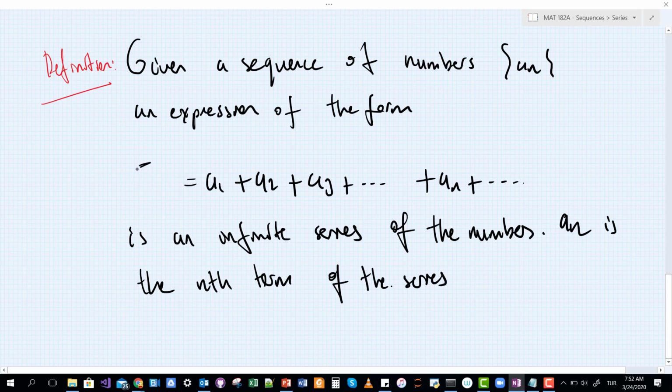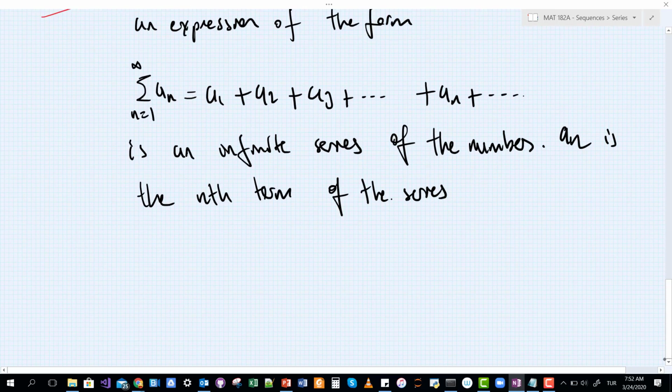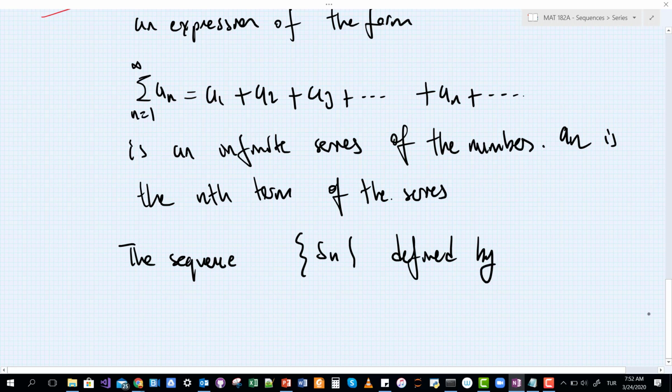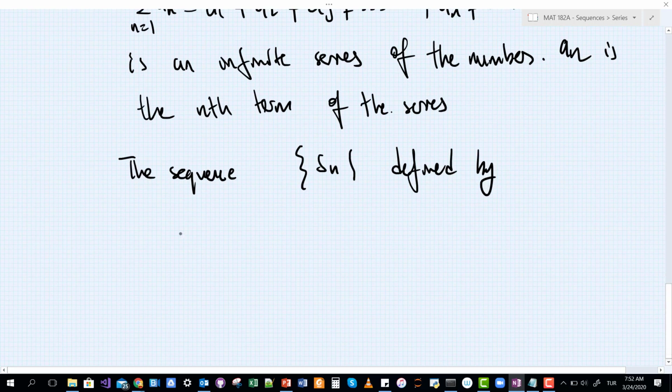As you see, this is my series, right? At the beginning of the class, we used this notation. So now we gave the definition of the series. The sequence Sn defined by the sum of the first n terms: S1 is equal to A1, S2 is equal to A1 plus A2, and so on and so forth.